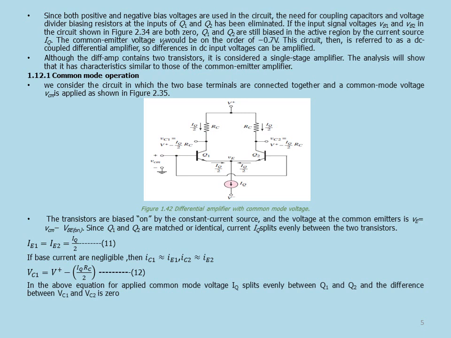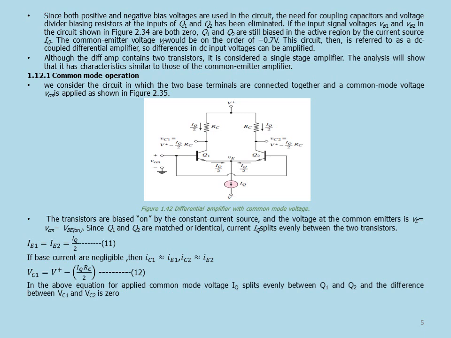Now the emitter current of the first transistor IE1 will be the same as IE2. So IE1 equals IE2, which is IQ by 2, since we know IE is approximately equal to IC.